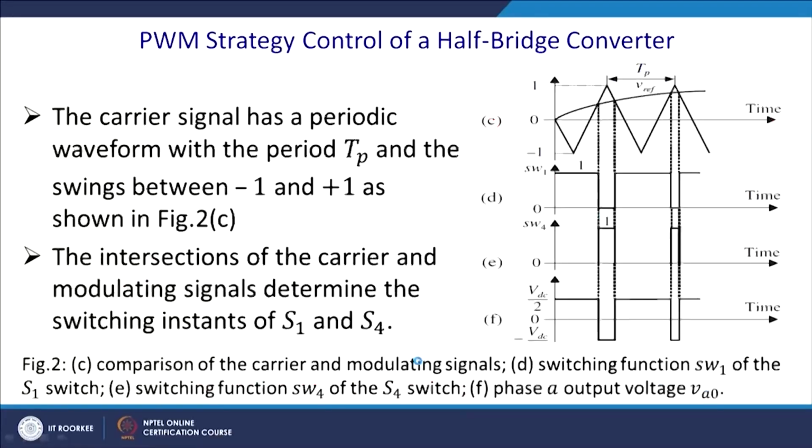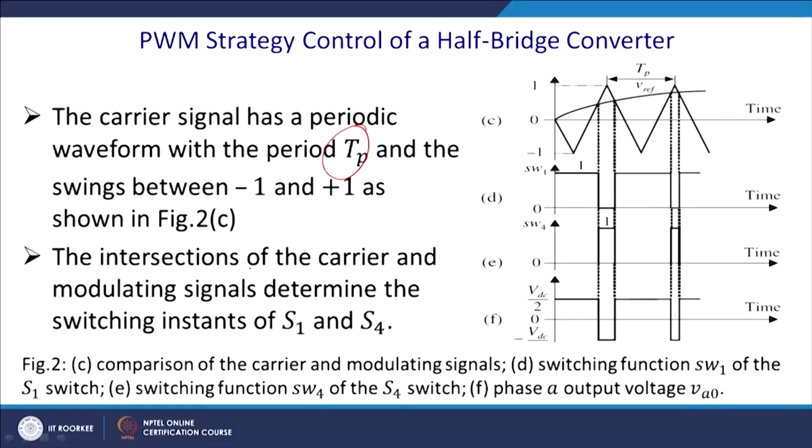So, this is a simple logic. So, this is the PWM strategy for the control of the half bridge converter. The carrier signal has a periodic waveform with the period Tp and swings between -1 and +1 as shown in figure 2c.